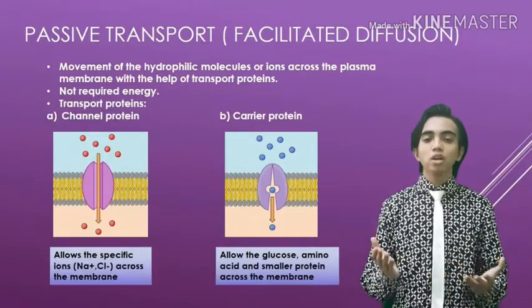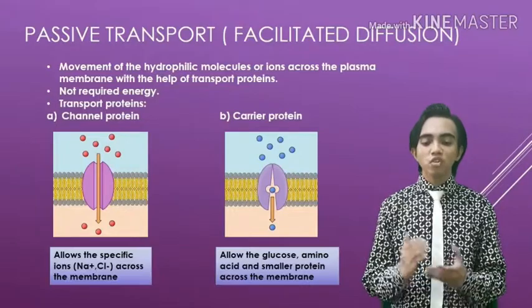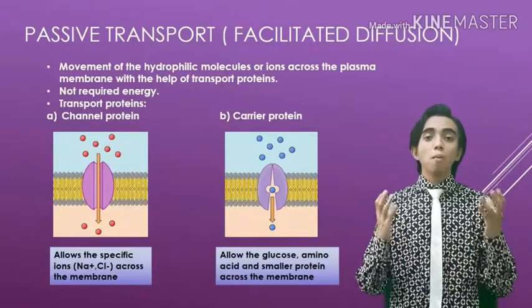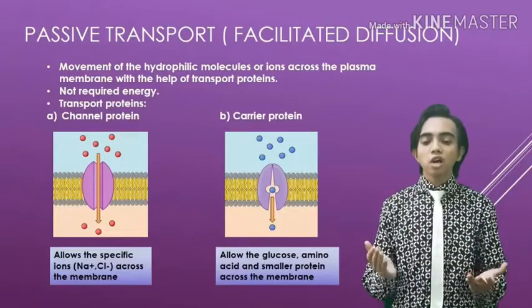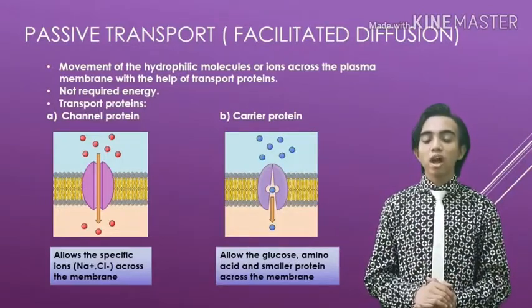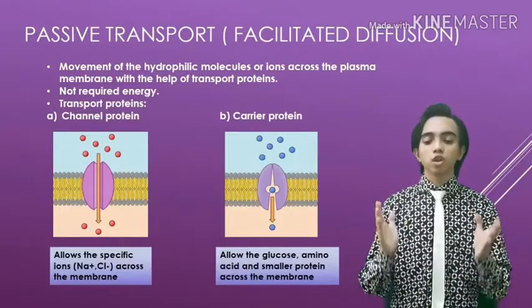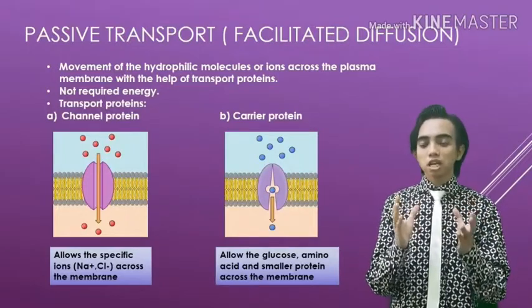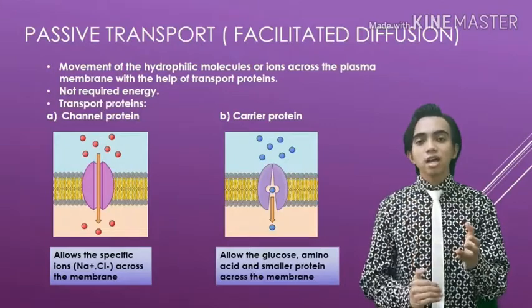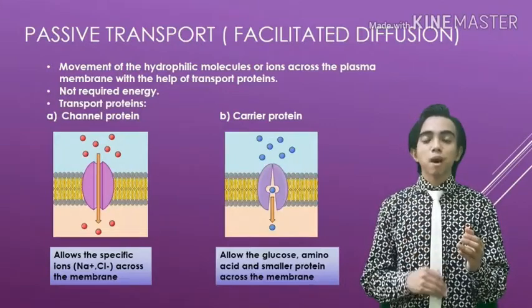So it happens when there is a movement of hydrophilic molecules, which are molecules that cannot be dissolved in lipid, or ions, across the plasma membrane with the help of transport proteins. These transport proteins help these molecules to cross the plasma membrane.